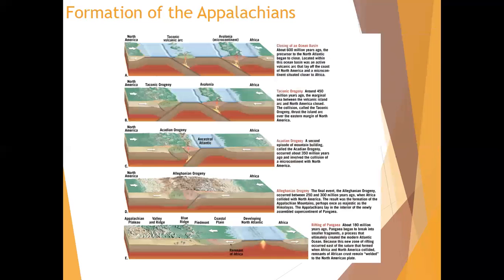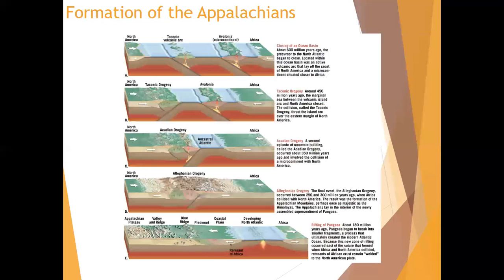There was thrust faulting, metamorphic rock, and an infusion of granite from this microcontinent that added significant width to North America that wasn't there previously. So that Avalonia microcontinent becomes part of North America.